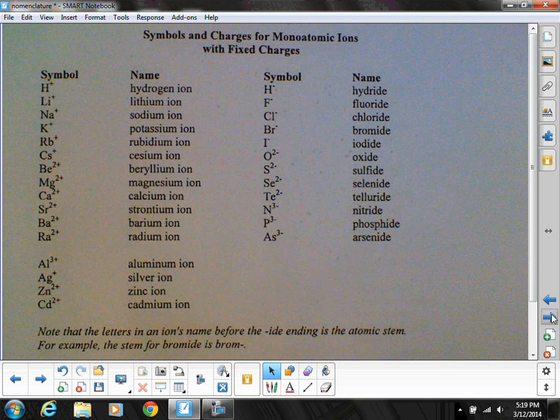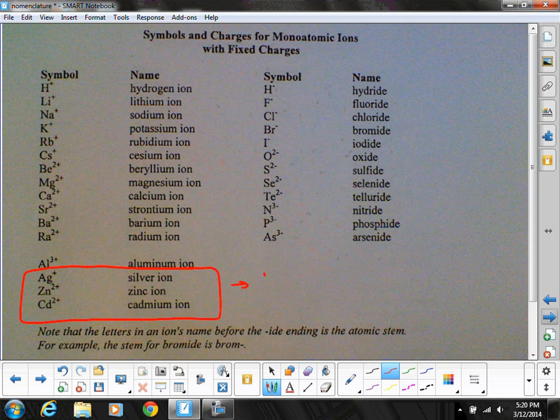This set of elements, I would not say that you need to make flashcards for. The only ones that I would suggest you do are these three here: silver, zinc, cadmium. Those are the transition metals with fixed charges.